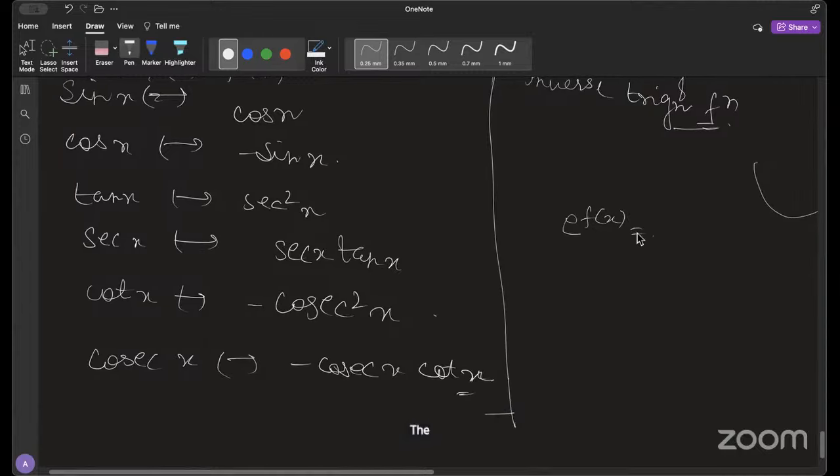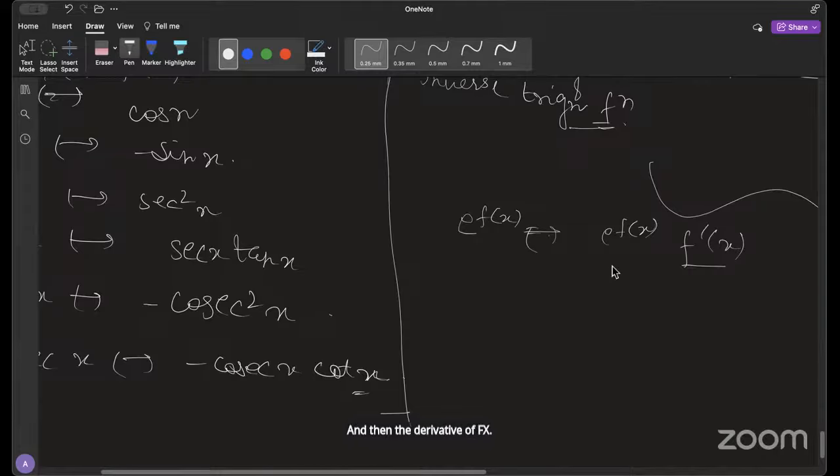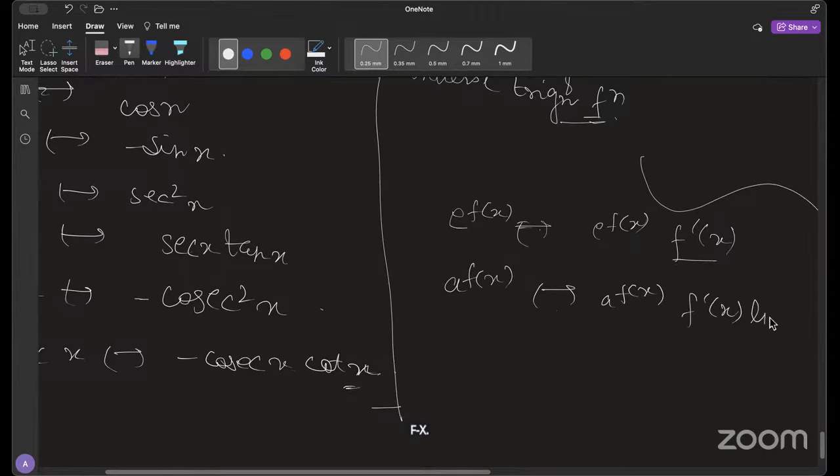The derivative of e to the power f(x) is e to the power f(x), and then we use the chain rule again with the derivative of f(x), f dash x. And for a to the power f(x), it's a to the power f(x), f dash x, and natural log of a.